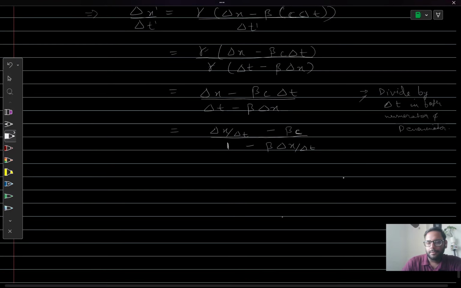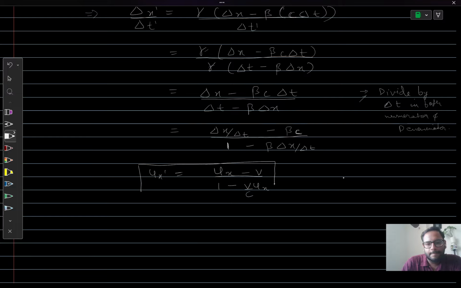So what you get is ux minus beta c, that is actually v, upon 1 minus beta, that is v by c, times ux, and this is your ux prime. This is my velocity addition rule in the x direction.